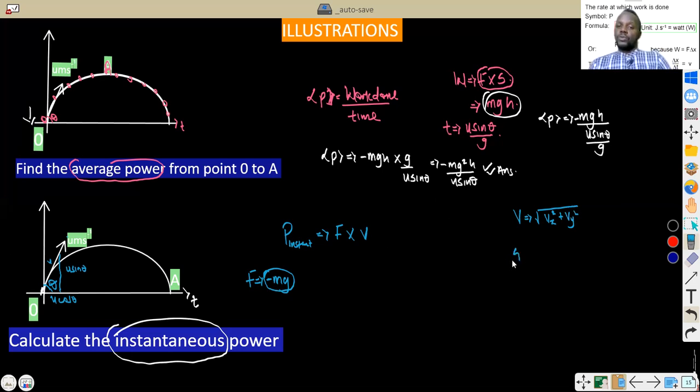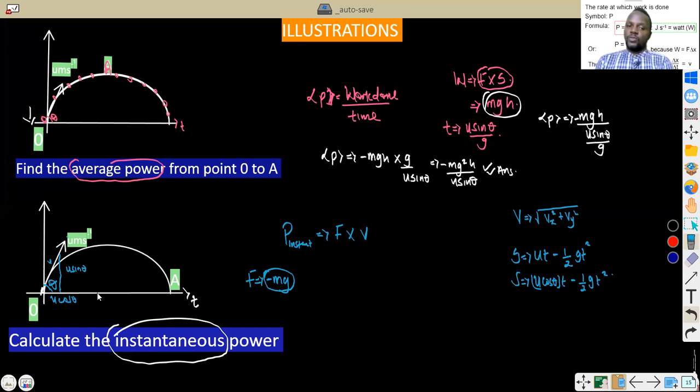S equals ut minus half gt squared, because I need the distance. If I'm solving the distance along the horizontal, it will be u cos theta multiplied by t, minus half gt squared. Why am I doing that?